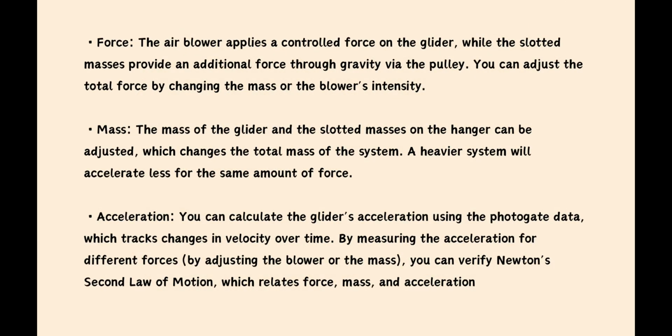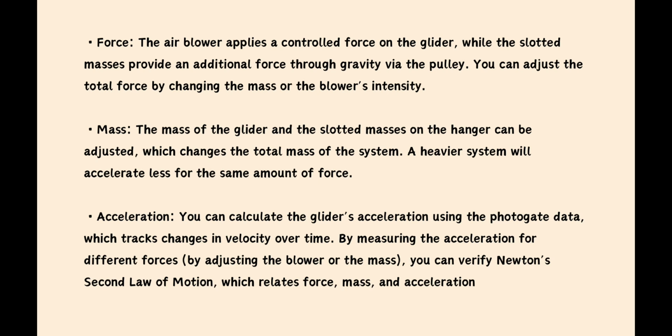Force. The blower applies a controlled force on the glider, while the slotted masses provide an additional force through gravity via the pulley. You can adjust total force by changing the mass or the blower intensity. Mass. The mass of the glider and the slotted masses on the hanger can be adjusted, which changes the total mass of the system.